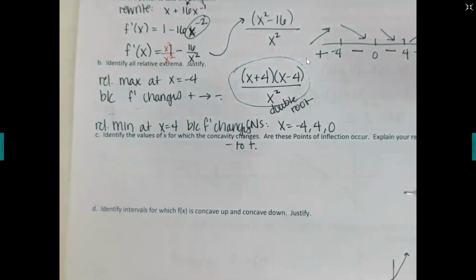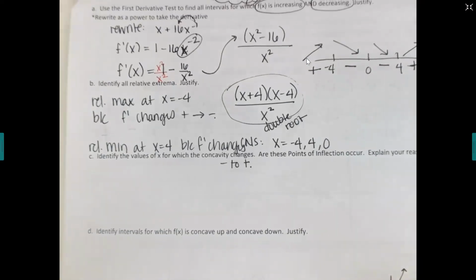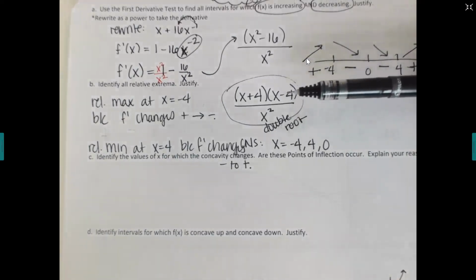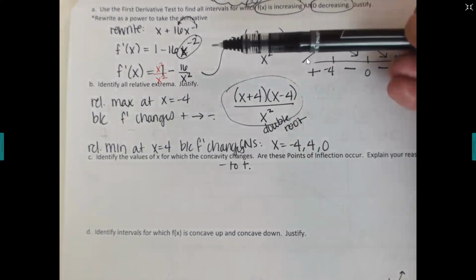The next part of the question asks for a second derivative test. Okay, and we're not going to actually do it, but what would be the easiest place to take the second derivative from? Would we want to do it from here and use quotient rule, or take it from here and do power rule? Power rule.